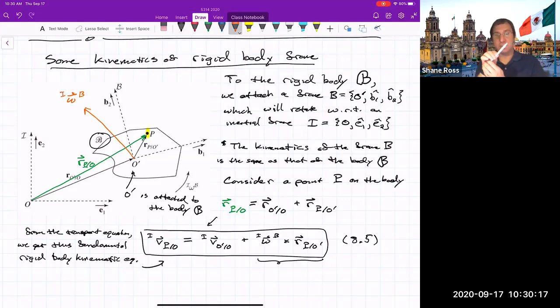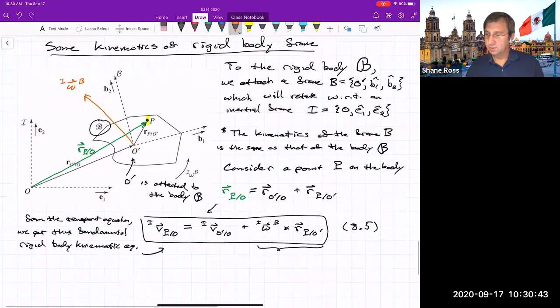This angular velocity vector might change. If that changes, it'll be changing due to moments, and so that will be rigid body dynamics that give rise to that. But instantaneously, the inertial velocity of a point P on the body is the inertial velocity of some reference point on the body, O prime, plus omega cross R.